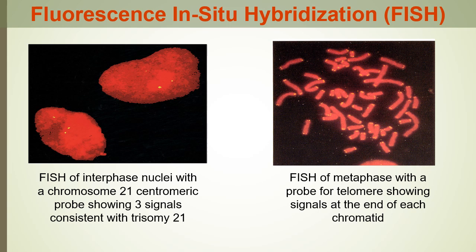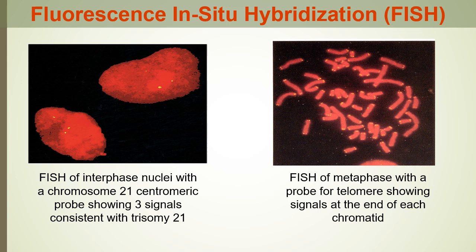Fluorescence in situ hybridization, or FISH. Here, the metaphase chromosomes are labeled with a fluorescent probe which is very specific. In the first image, FISH of interphase nuclei with a chromosome 21 centromeric probe showing 3 signals consistent with trisomy 21 is shown.